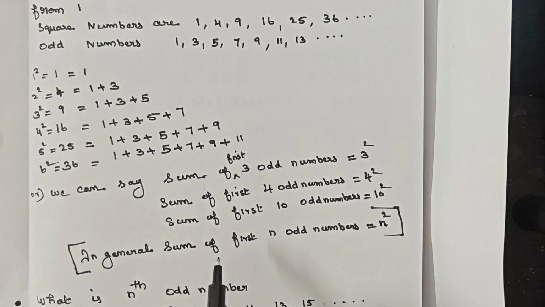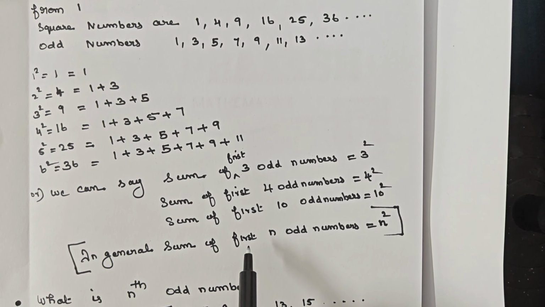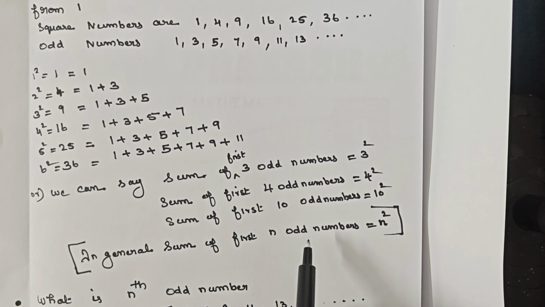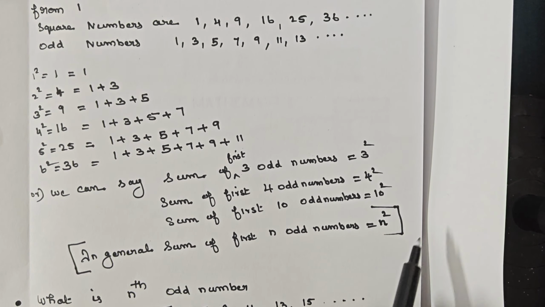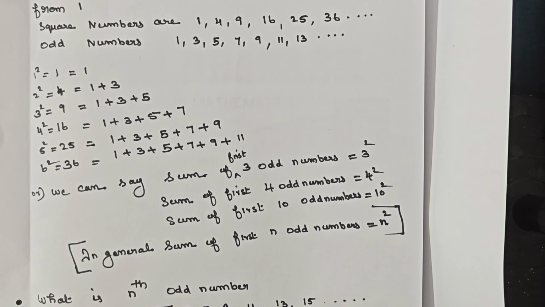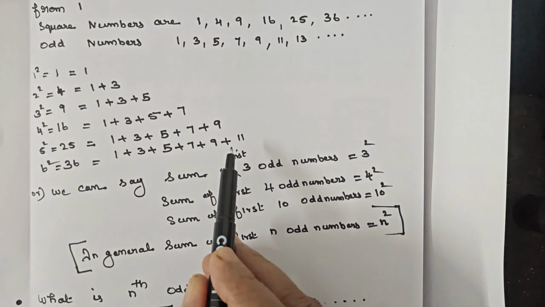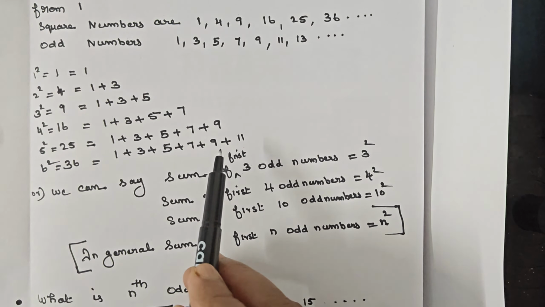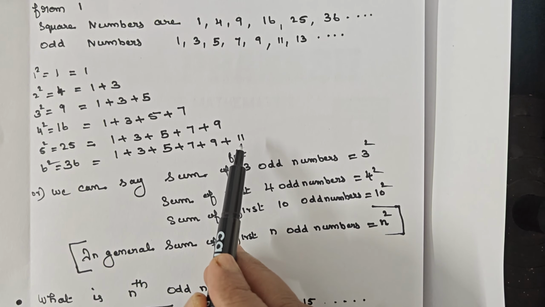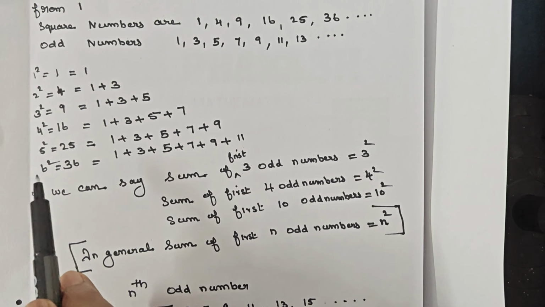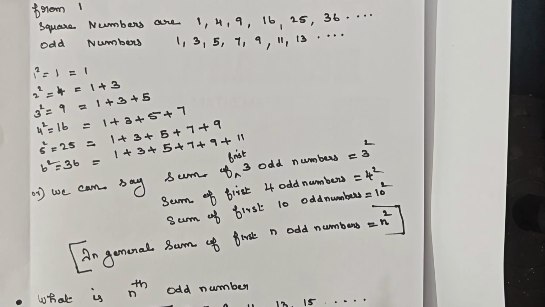So we have to remember this: the sum of the first n odd numbers is n square. Easily we can find it, no need to add. You count how many odd numbers are there, that is 1, 2, 3, 4, 5, 6 odd numbers. So this sum will be 6 square, that is, the answer is 36.